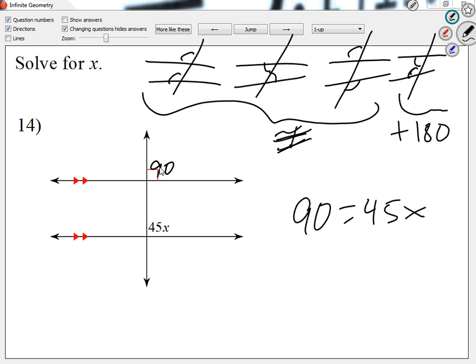What's x? x equals 2 as well. Once again, the box represented 90. Any other questions for the first 20? Yes. For same side interior, they add up to 180.